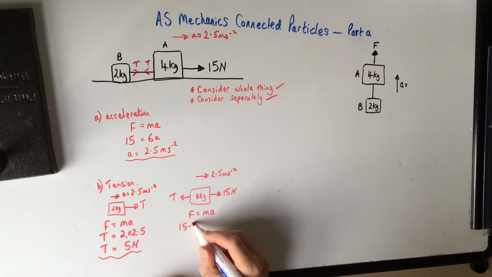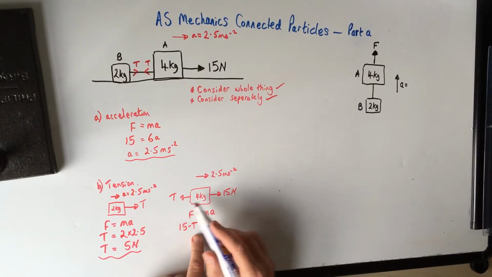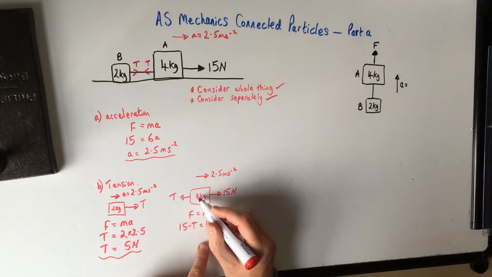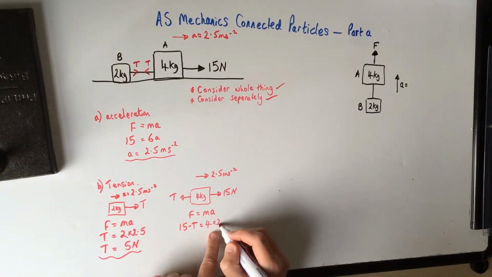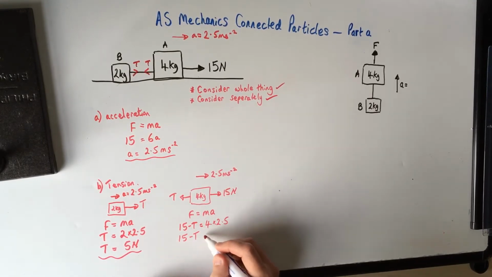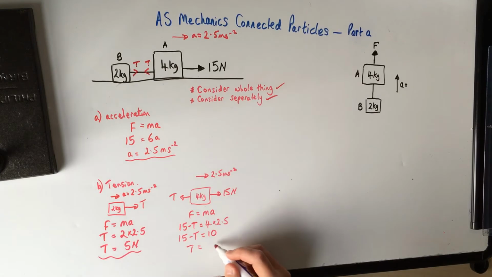So the net force, we've talked about that before, that's pulling it along is that minus the bit there. And that's equal to the mass times the acceleration, so times 2.5. And you can see here that we've got 15 minus T is equal to 4 times 2.5, which is 10. We take the T over there, take 10 off, and you can see that the tension is going to be 5 newtons.